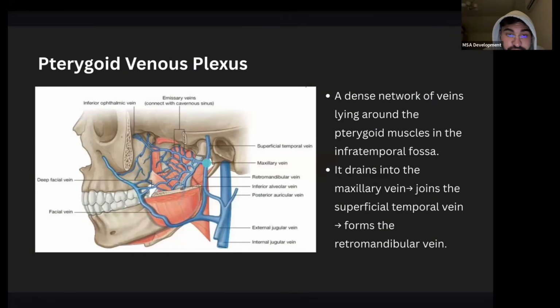So see, this is the meshwork, right? They're gonna drain into the maxillary vein right here, and then they're gonna join the superficial temporal vein. Okay, so maxillary vein will cross path with the superficial temporal vein, making the retromandibular vein, which is gonna connect the external jugular vein with the internal jugular vein.